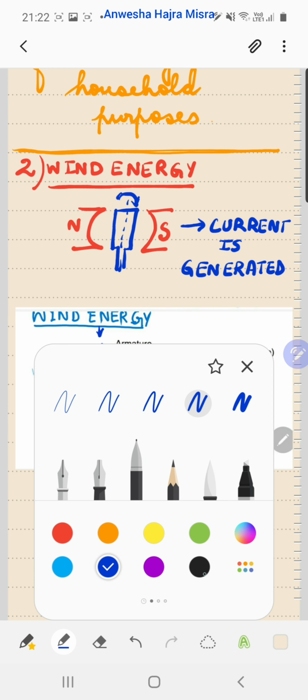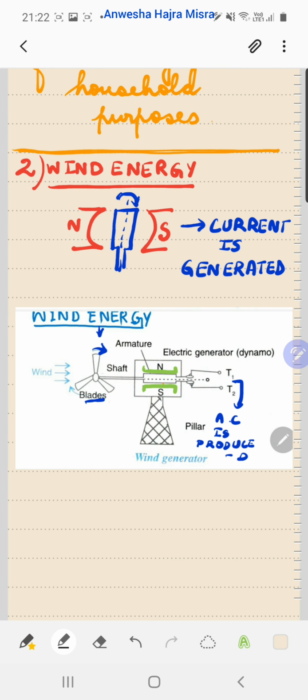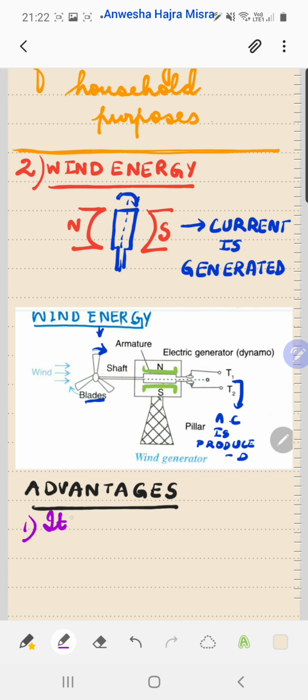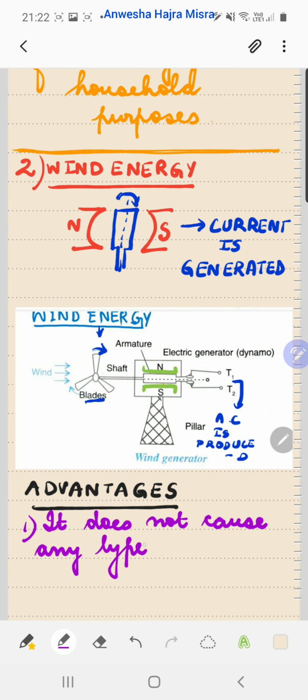Now, what are the advantages of using wind energy? Number 1, it does not cause any type of pollution.